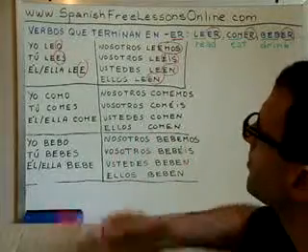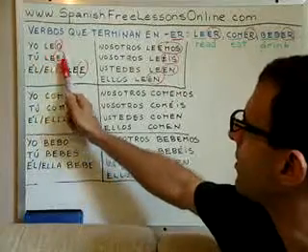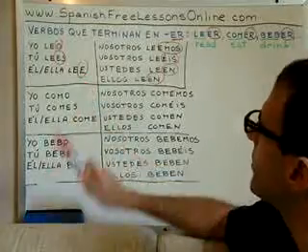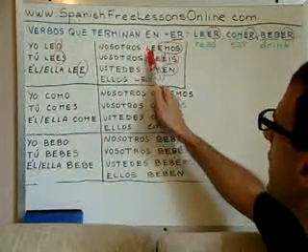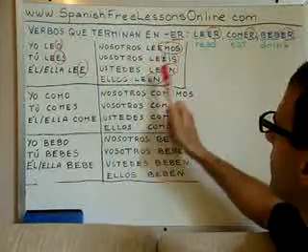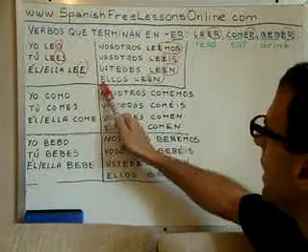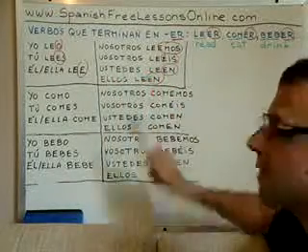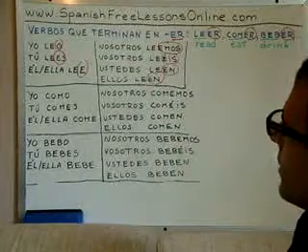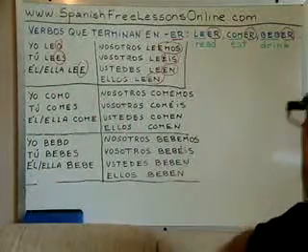So let's go again. Yo leo. Tú lees. Él lee. Or ella lee. Nosotros leemos. Vosotros leéis. Ustedes leen. Ellos leen. Now let's conjugate the verb comer, to eat.